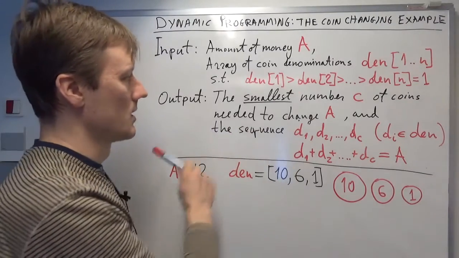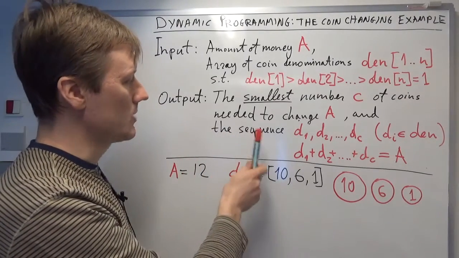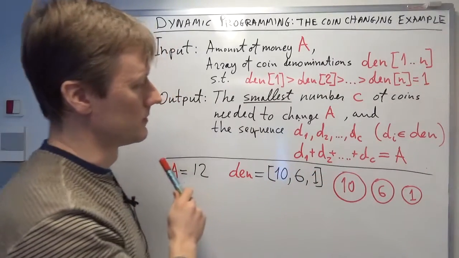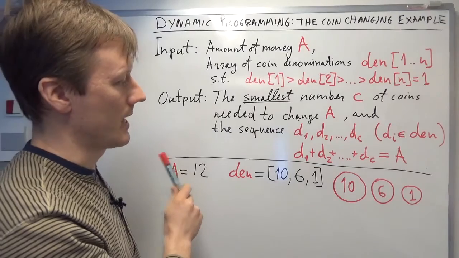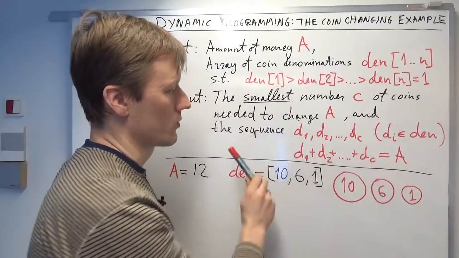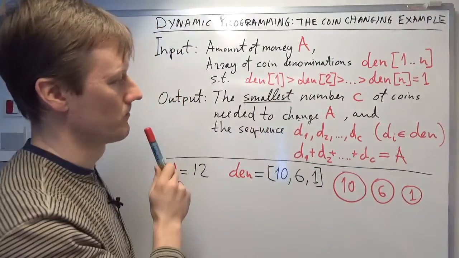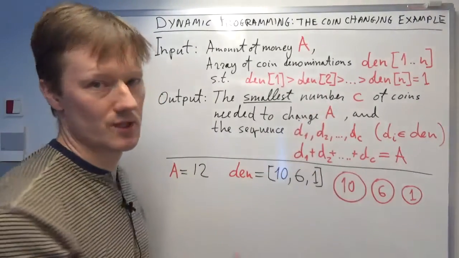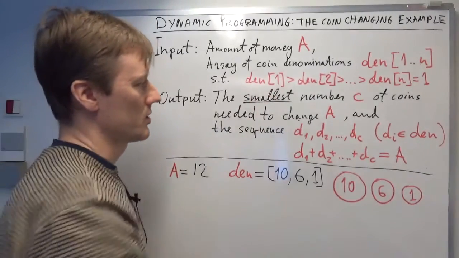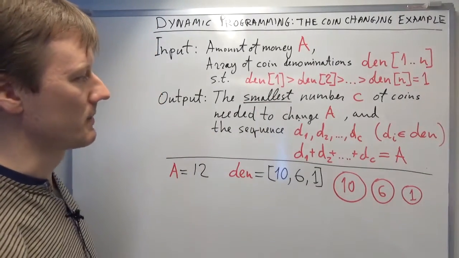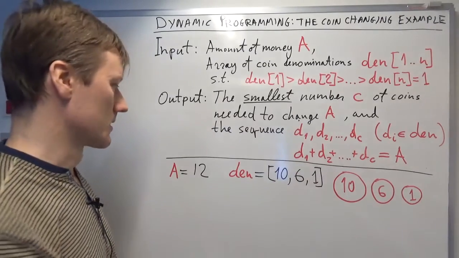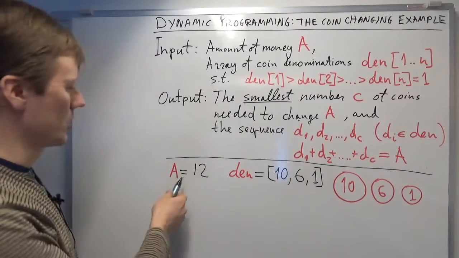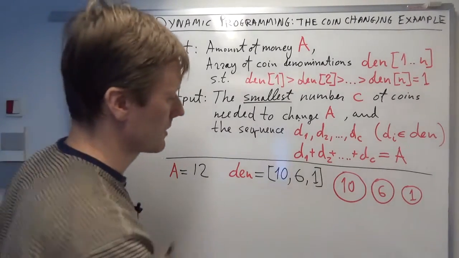So in this case, we're asked to provide a sequence of denominations such that when you sum them up, you get the amount. And obviously this may not be unique, so you are allowed to use any given denomination as many times as you want. So in this case, how would we change 12 krona using these coins?